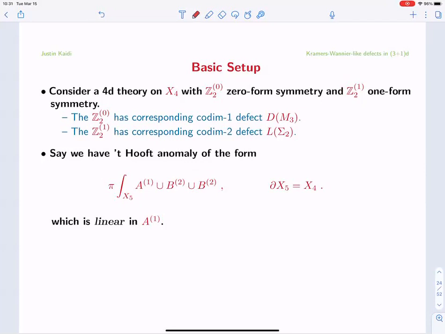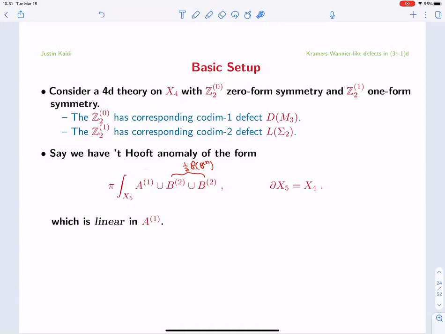And well, for those of you who are aware of this, technically I should replace this B2 cup B2 with 1/2 the Pontryagin square of B2. But this is again a technicality which is not going to be super important for today. So let's just think of it as B2 cup B2. Okay, so what really is important here is the fact that this anomaly is linear in A1, but not linear, in this case quadratic, in B2. So that will end up being important.